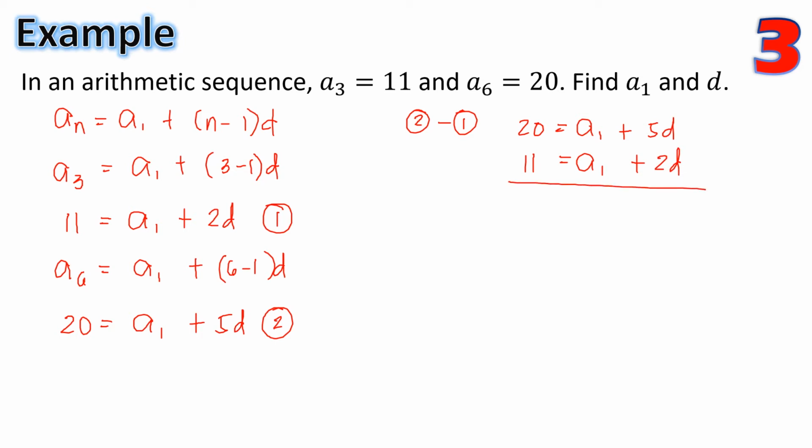Subtracting term-wise, we'll have 9 is equal to a sub 1 minus a sub 1 is 0, 5d minus 2d, that is 3d. Now, dividing both sides of this resulting equation by 3, we get d is equal to 3. Now we have the value for d.